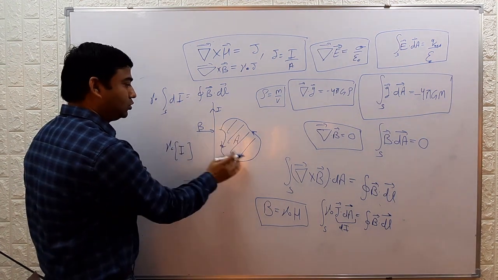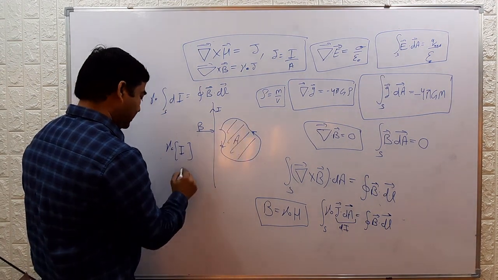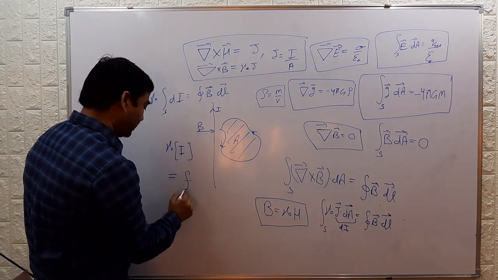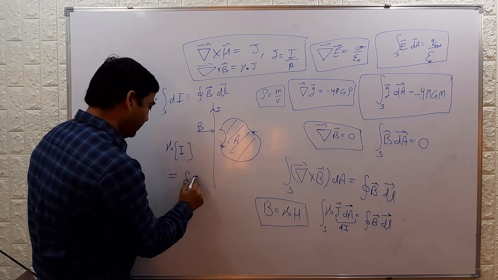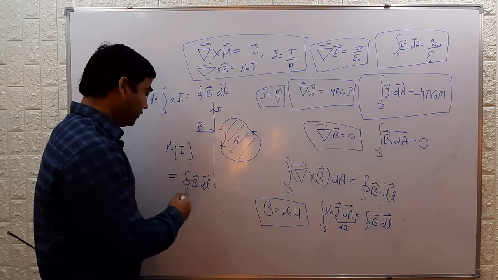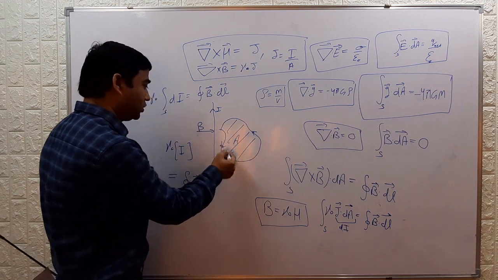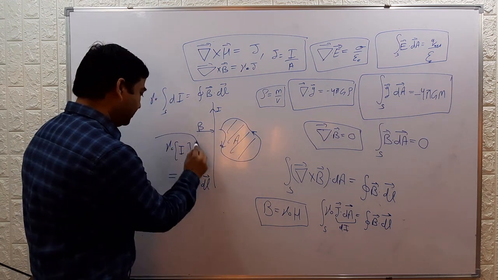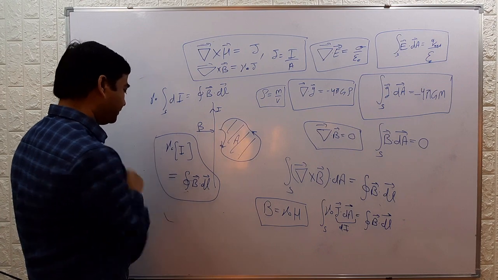Total current through this area is equal to circulation of B dot dl, the line integral of B along this closed loop. This is nothing but Ampere's law.